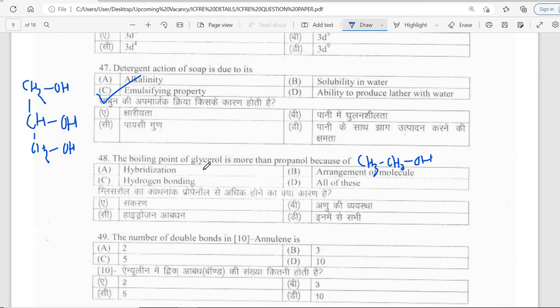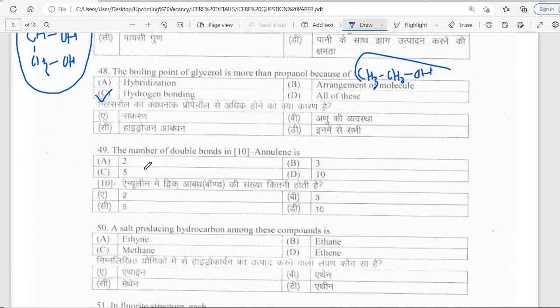With increasing hydrogen bonding, the intermolecular force of attraction increases, so more energy or heat is required to break this type of bond. As a result, the boiling point increases. In propanol there is one hydrogen bond, but in glycerol, due to the presence of 3 alcoholic OH groups, 3 hydrogen bonds can be formed, which increases the boiling point. So the major reason is hydrogen bonding, not hybridization, not arrangement of molecules, not all of these.